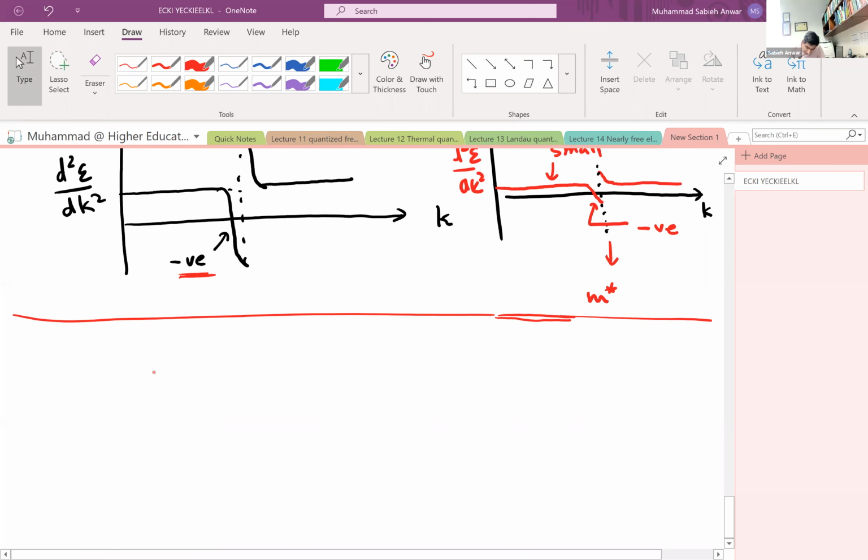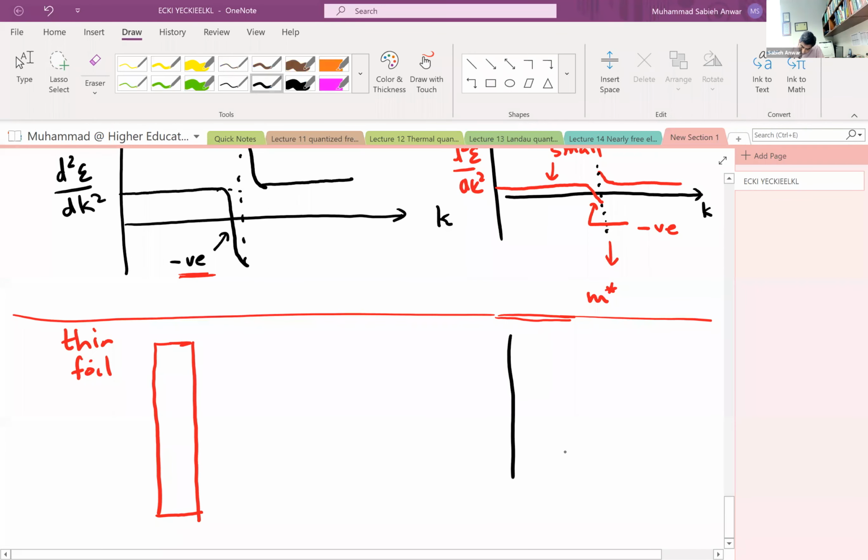So suppose I have a really, really thin foil of metal, and let me draw the dispersion relationship by the side of this, nearly free electron, k. This is my zone boundary, almost parabolic up to the zone boundary.